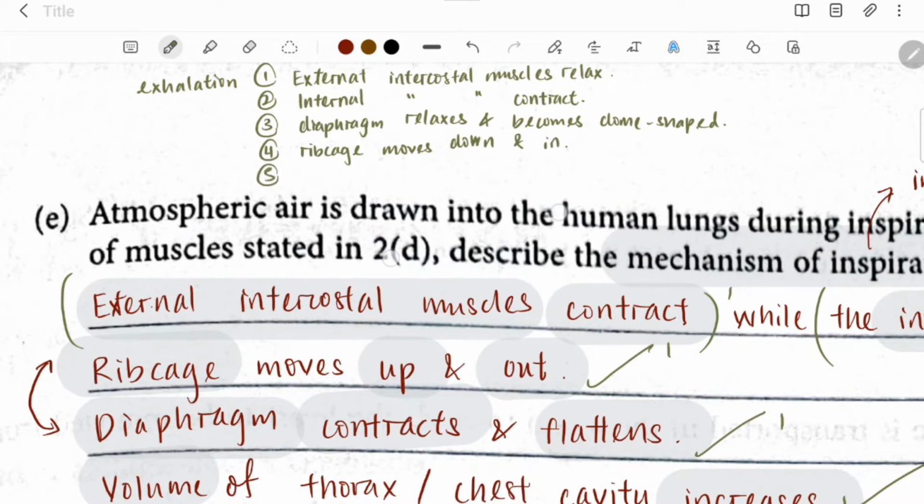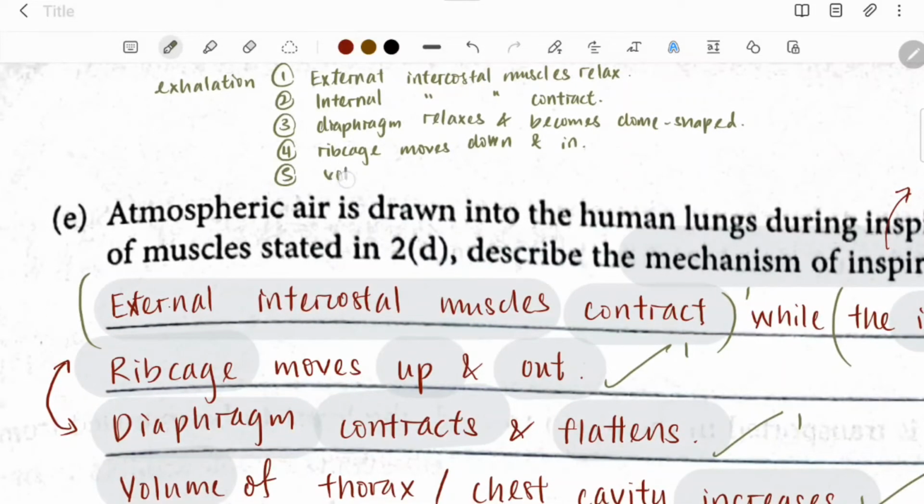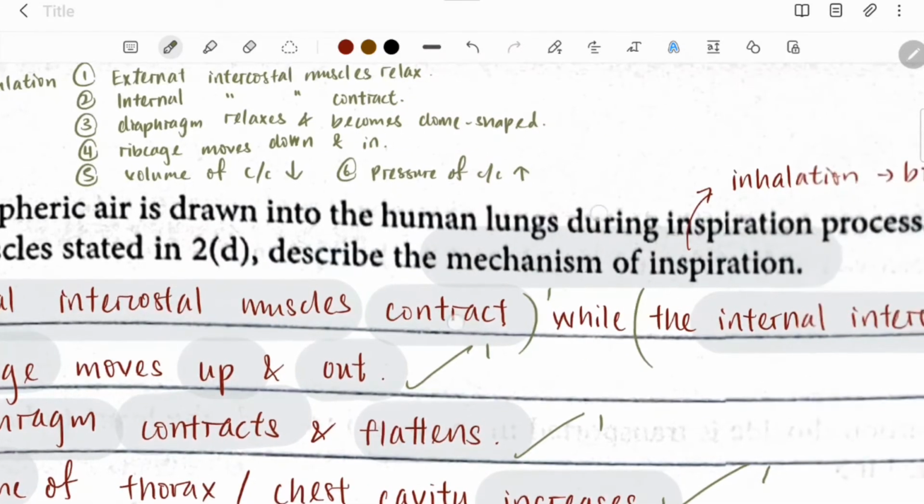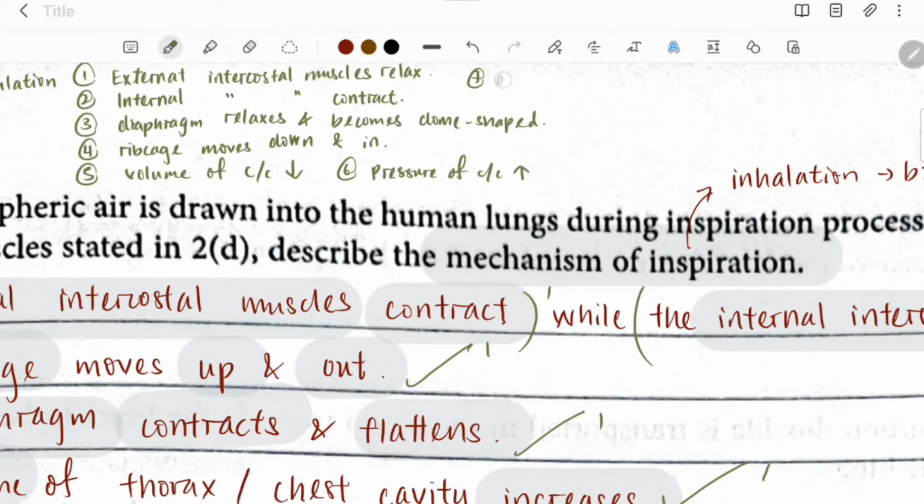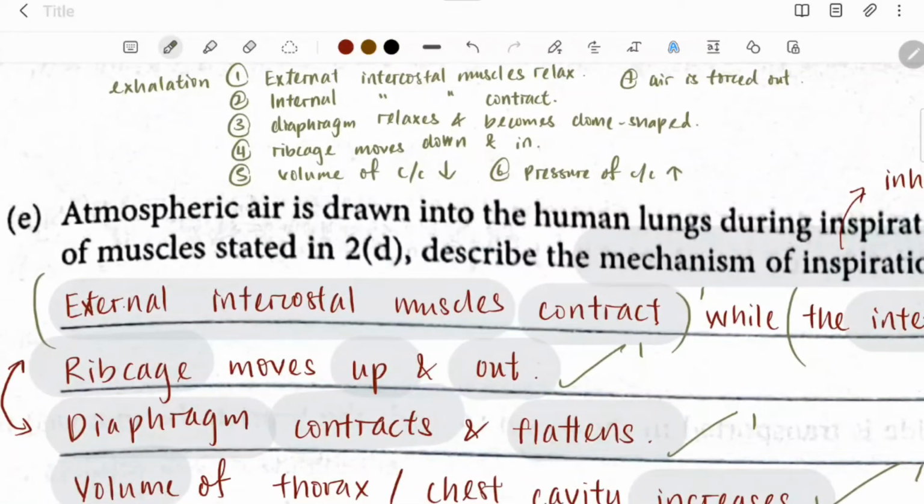And then after that, volume of chest cavity decreases. When volume decreases, the pressure will move the other way, it increases. So pressure of chest cavity increases. Last point, air is forced out. So this is what you have to write, the 7 points for exhalation or expiration.